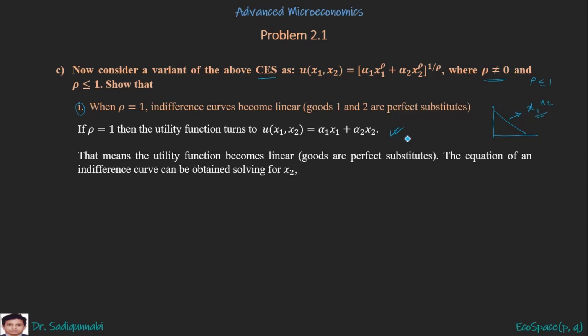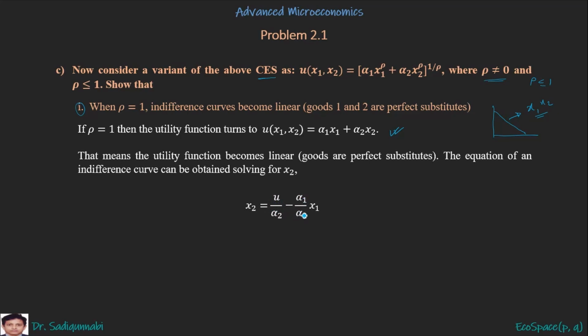And the equation of an indifference curve can be obtained by solving for x2. So if we solve this, we get u upon alpha 2 minus alpha 1 upon alpha 2 x1.